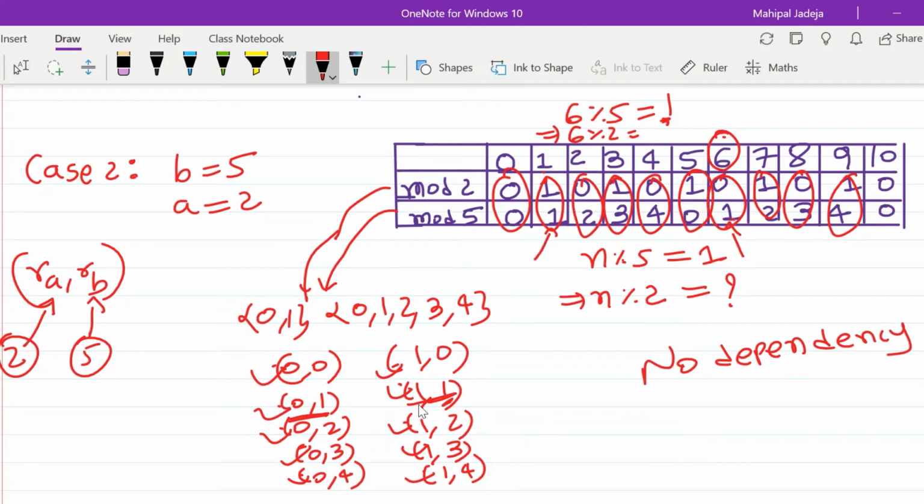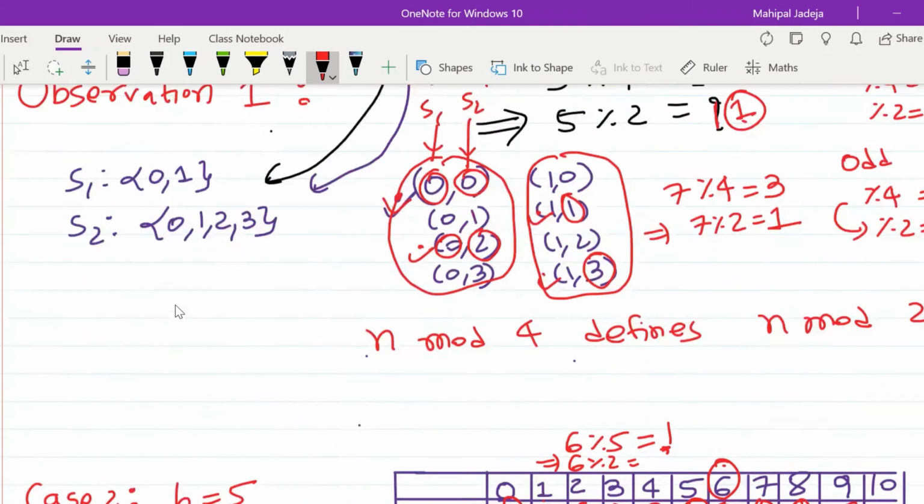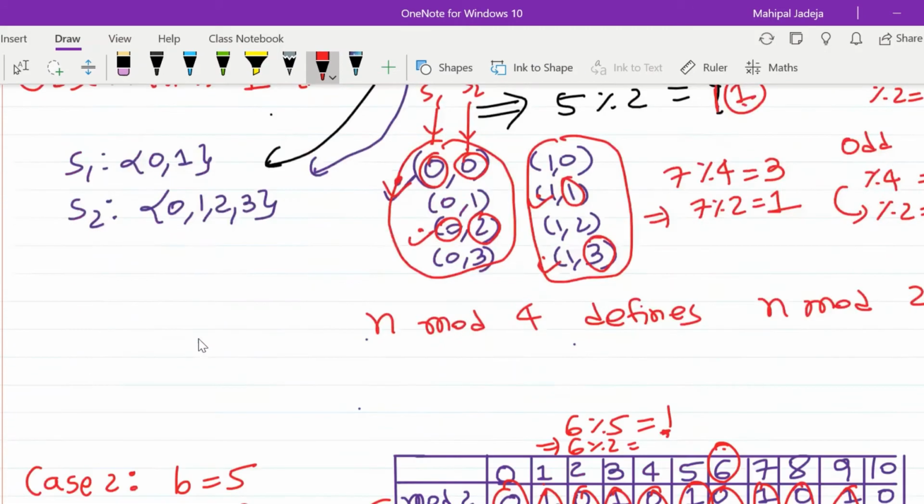So if I rewrite, what I'm trying to say is 1 modulo 5 is equal to 6 modulo 5, but 1 modulo 2 is not equal to 6 modulo 2. Whereas if you recall, in case 1 this relation survived.